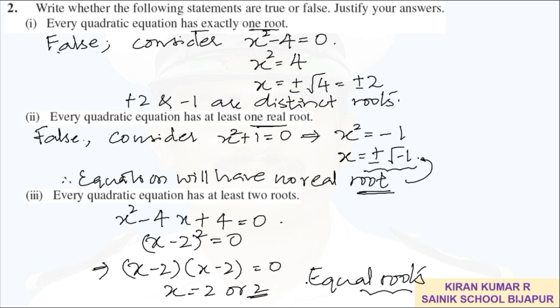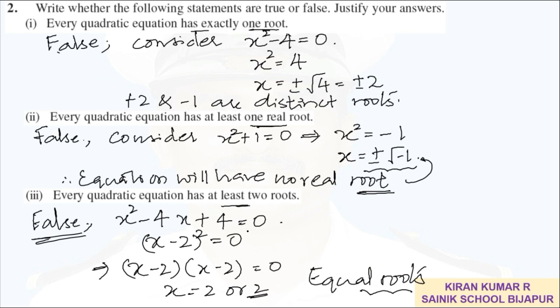So in this case, since they are equal roots, I will say that it has got only one root. So this statement I may consider as false if you think in those lines. If you think that 2 is the only root, then this statement is false. If you think that both the roots are 2 and 2, then this statement is true.